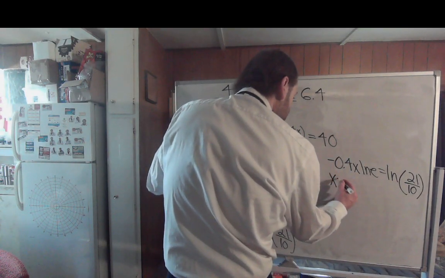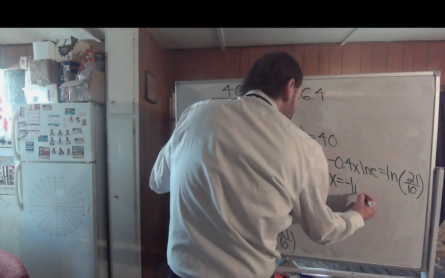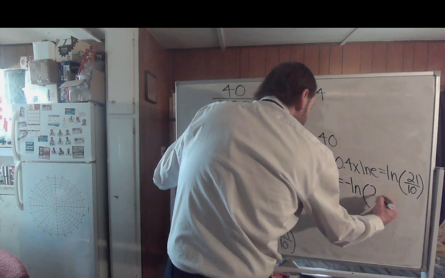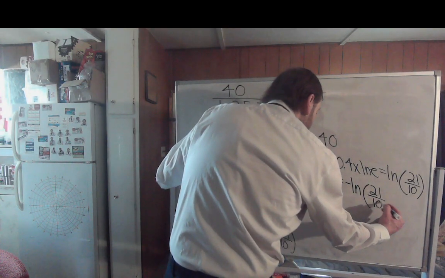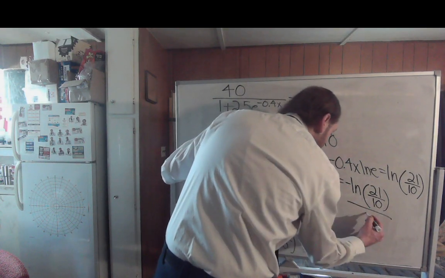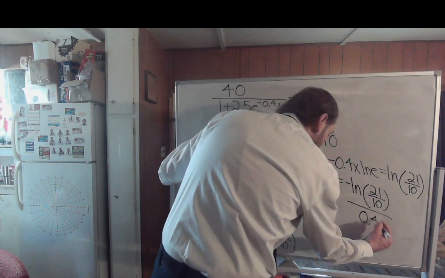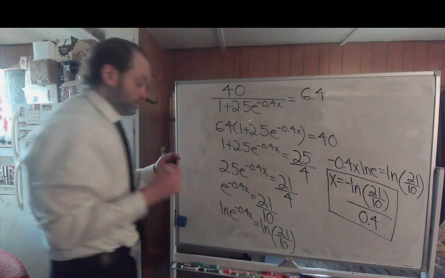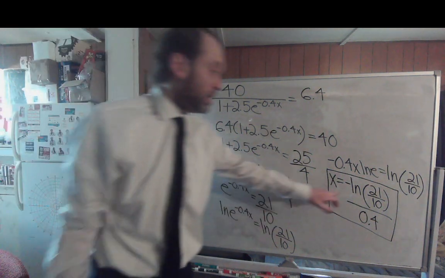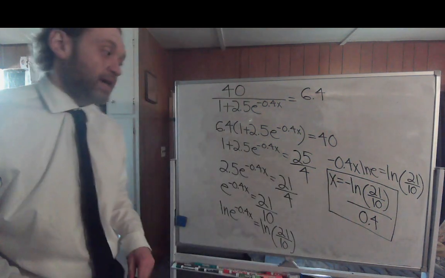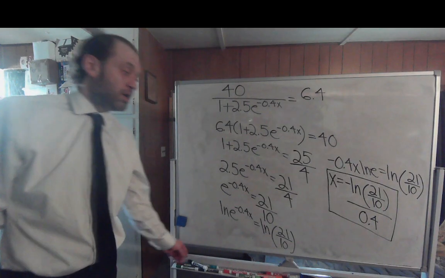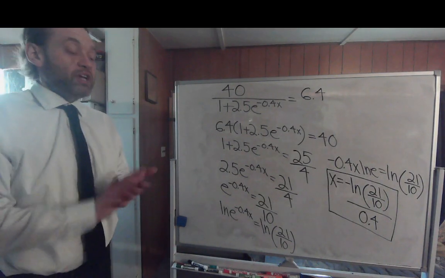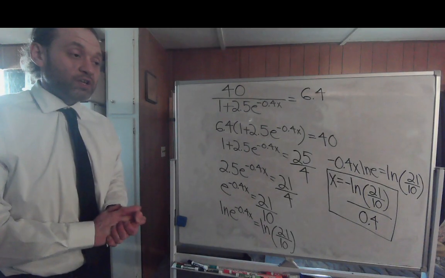You get that x equals negative of the natural log of 21/10 divided by 0.4. So x would equal negative of the natural log of 21/10 divided by 0.4. So that is how you solve logistic growth equations.